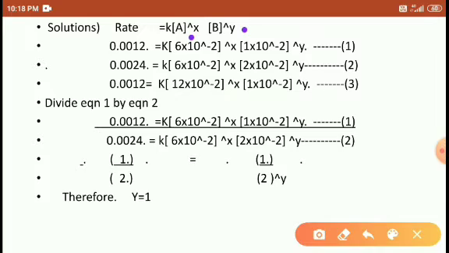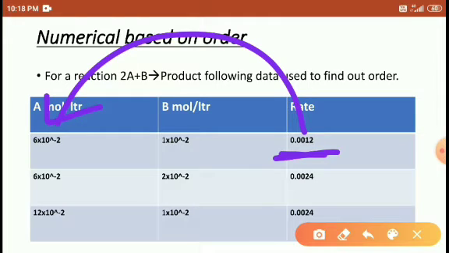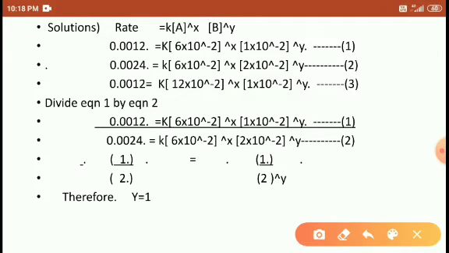When the rate is 0.0012, the concentration of A is 6 into 10 to the power of minus 2 and the concentration of B is 1 into 10 to the power of minus 2.